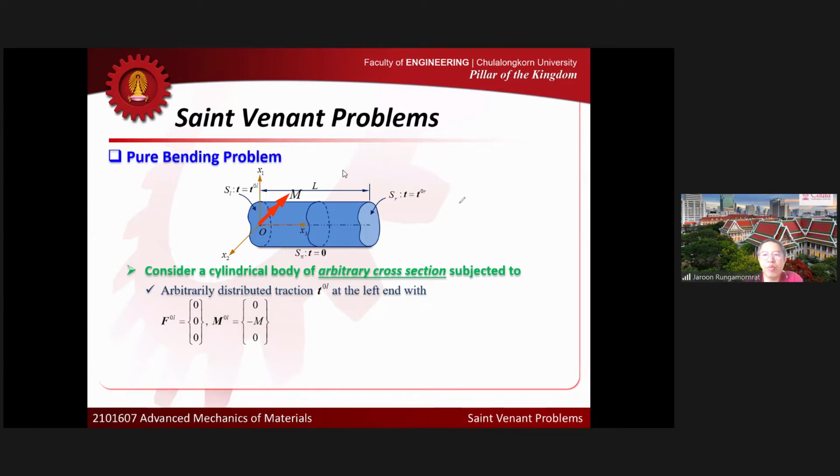For example, one of the distributions that I can think about is the linear distribution like this. If we apply the normal traction like this, we have the tensile stress and compressive stress, and the distribution is linear. This is the one that you are familiar with, right?